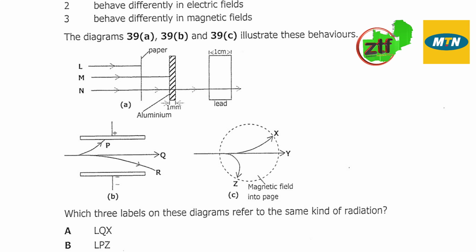In this case, we can trace one by one if we wish. In fact, the first thing is to identify these ones by the behavior, as I explained earlier on, to say that alpha particles do not go far and they are easily absorbed by thin pieces of paper.